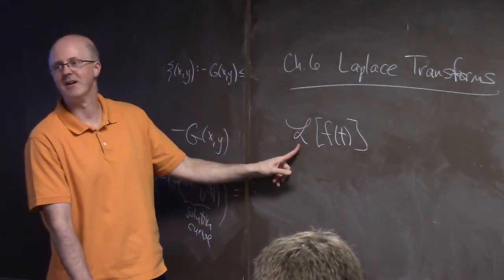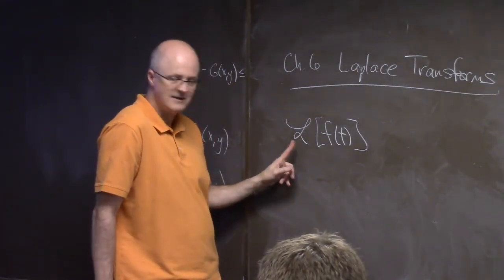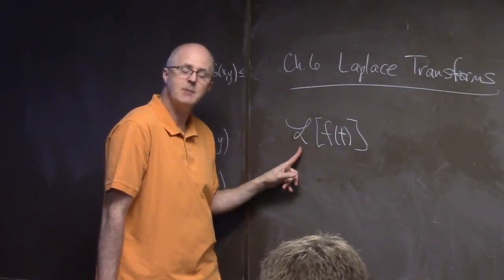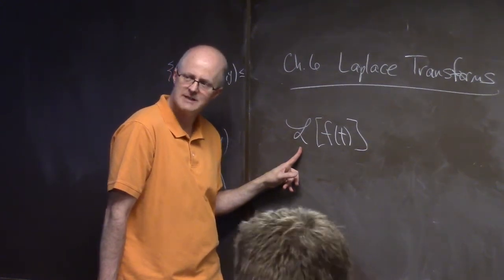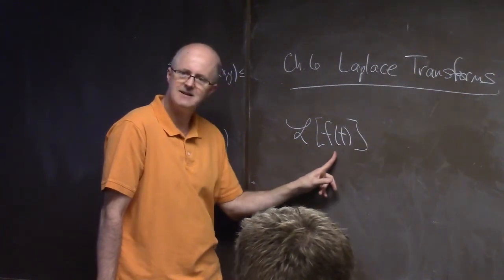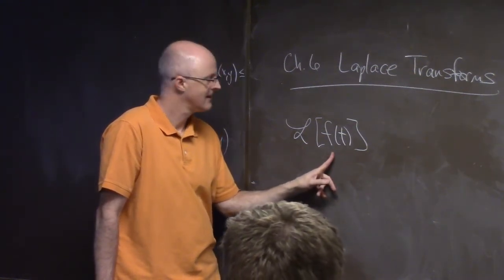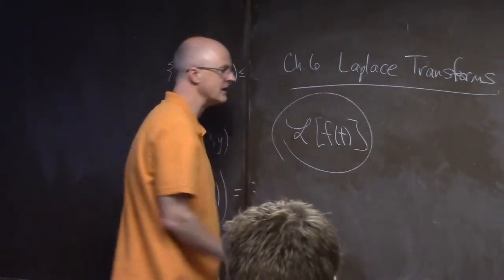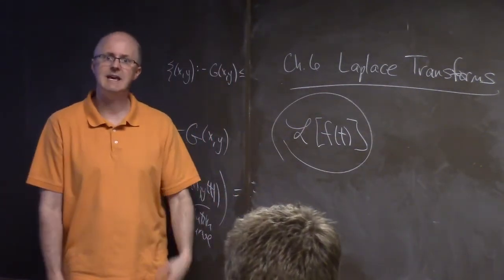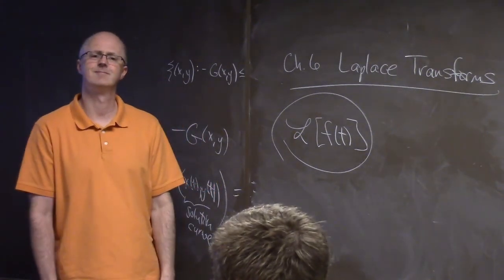What's that thing? That's an L, fancy L. Cursive L, very pretty, right? Fancy L, that's the Laplace transform. The Laplace transform is a function that takes an ordinary kind of function as input. And the whole expression is another function. The Laplace transform gives you a function as output. Very strange.